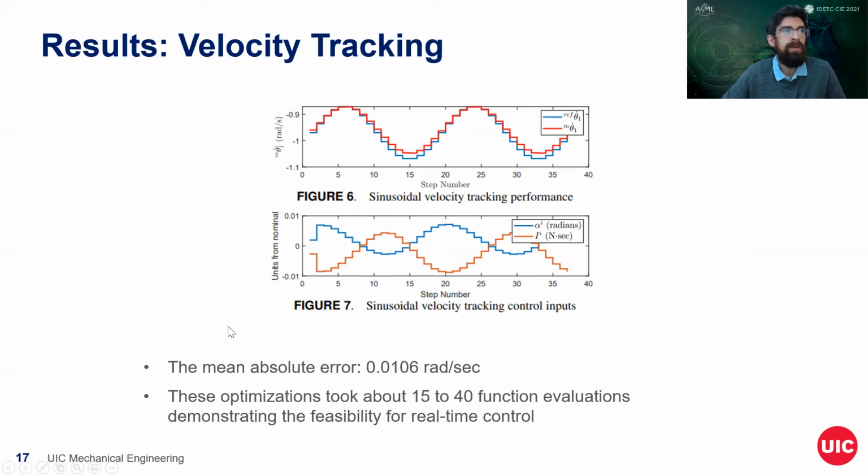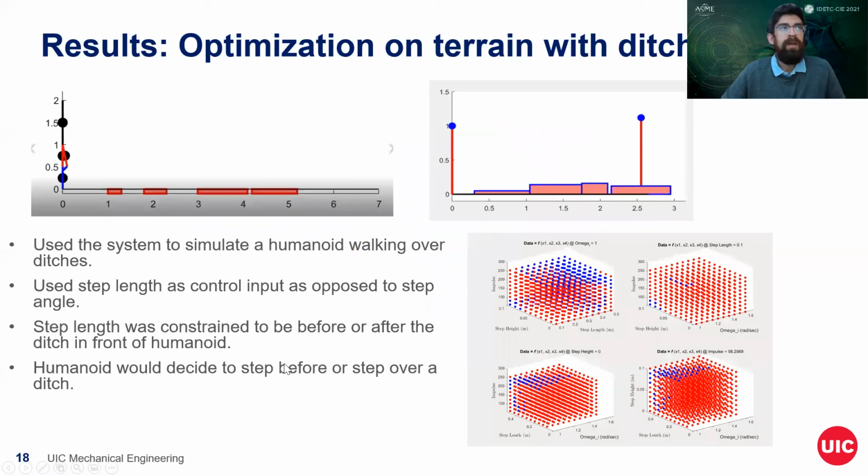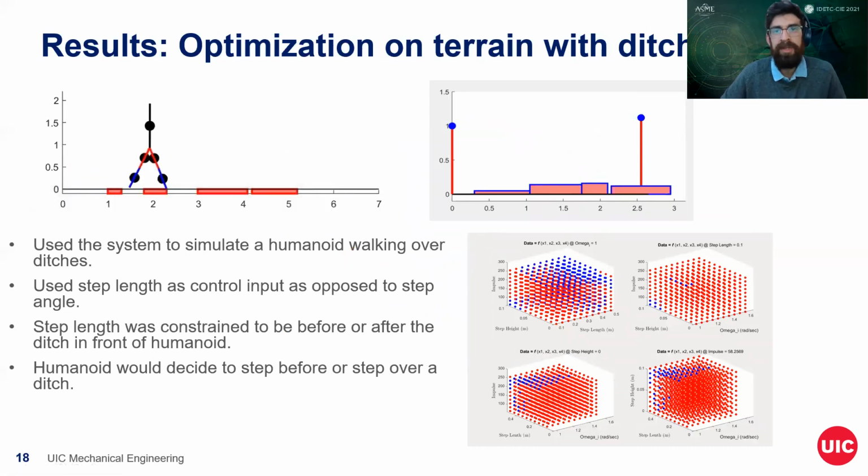The mean absolute error in tracking was about 0.0106 radians per second. And these optimizations took about 15 to 40 function evaluations, which demonstrate the feasibility for real-time control.